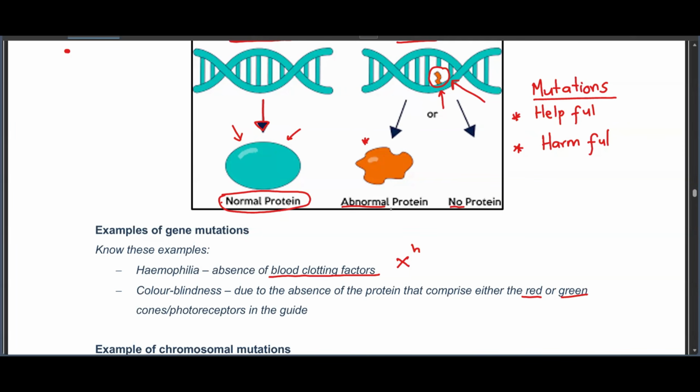Let's just say a gene mutation occurs on one of your DNA molecules. Then we know that we are going to produce either an abnormal protein or no protein at all.